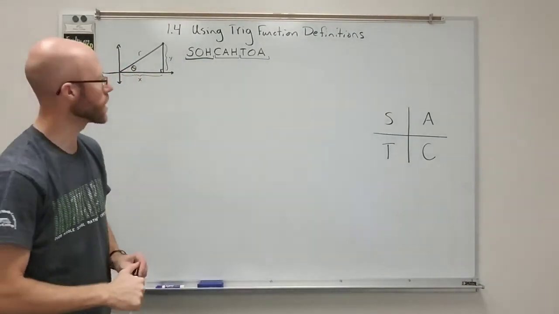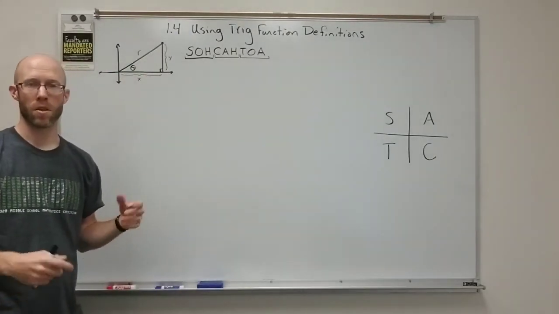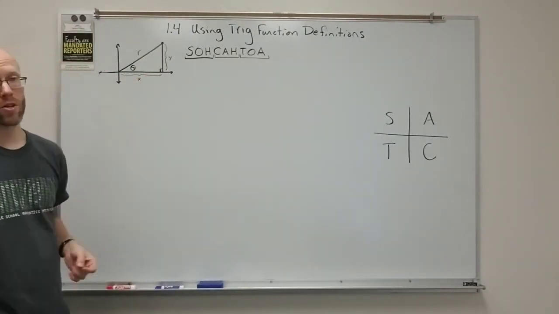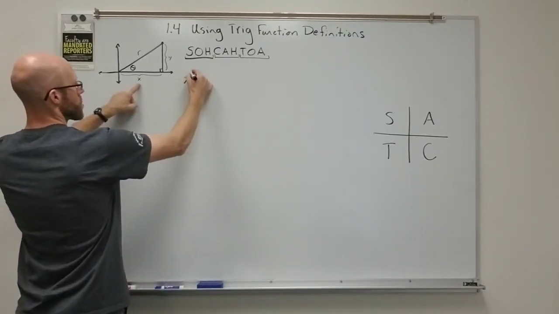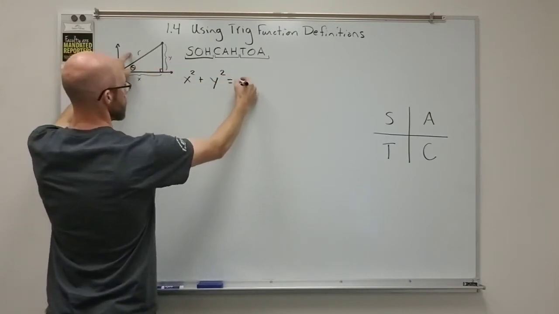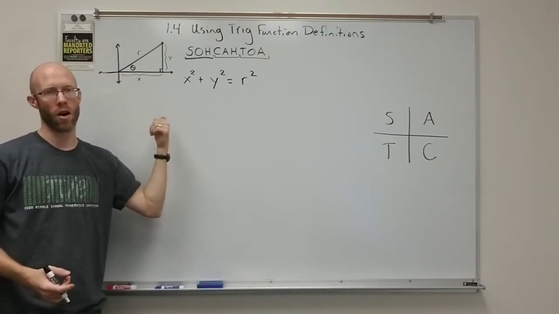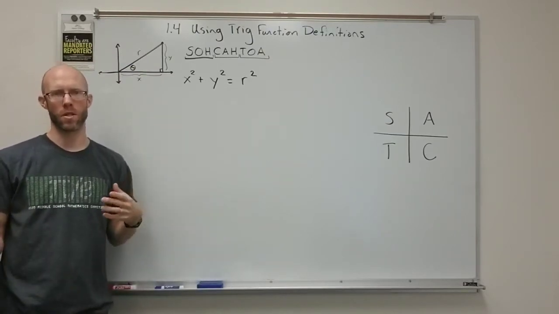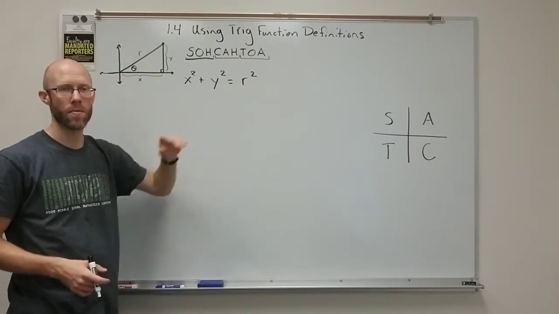So in this triangle, we know that the Pythagorean theorem holds because it's a right triangle, okay? So we know that x squared plus y squared must equal r squared. It's Pythagorean theorem applied to the x, y, and r rather than what you normally see, a, b, and c.